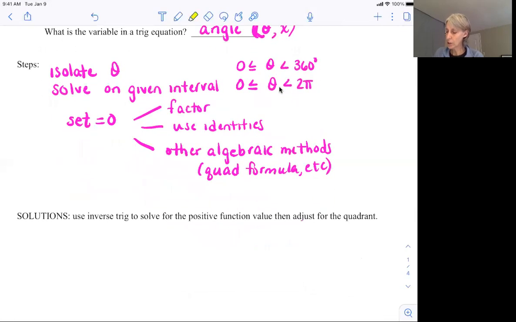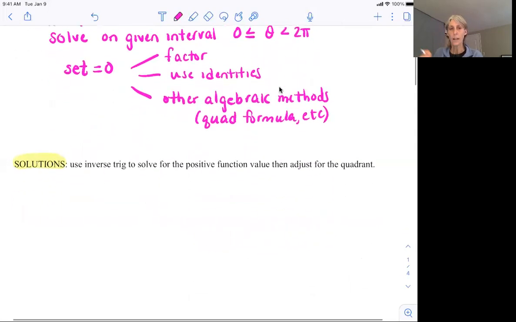Now our solutions are a little tricky. We have to think about things when we're dealing with this. So we're going to use inverse trig to solve for the positive function value. Be careful of that. And then adjust for the quadrant. So basically, we're using a reference angle, which we've done in the past.